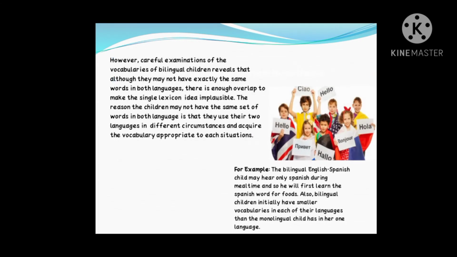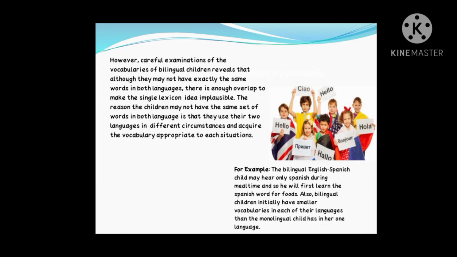However, careful examination of the vocabularies of bilingual children reveals that although they may not have exactly the same words in both languages, there is enough overlap to make the single lexicon idea implausible. The reason that the children may not have the same set of words in both languages is that they use their two languages in different circumstances and acquire vocabulary appropriate to each situation.